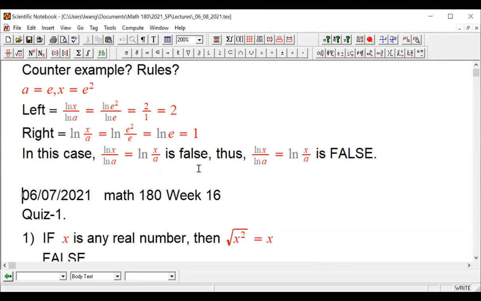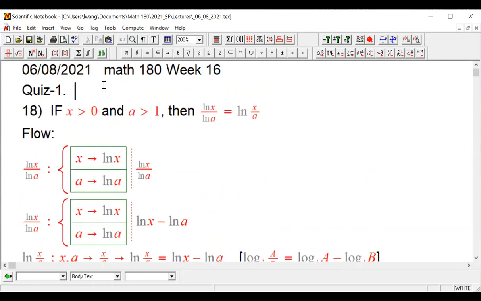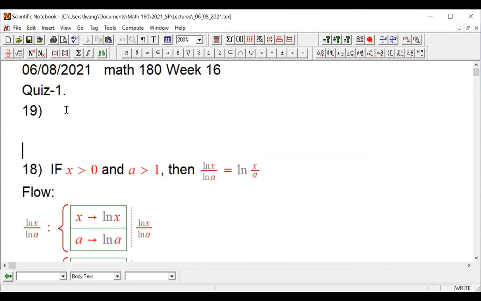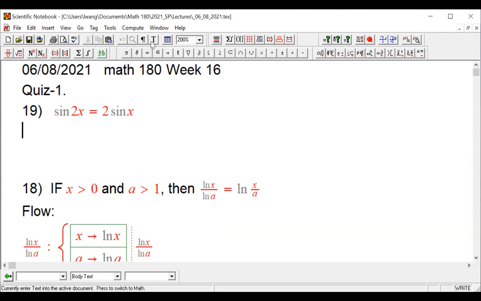Okay, so let's look at 19. 19 is the mistake that we have addressed over and over again in class, but this is a very common mistake. If we look at the deriving of the quadratic formula, then we know that this is certainly a mistake.